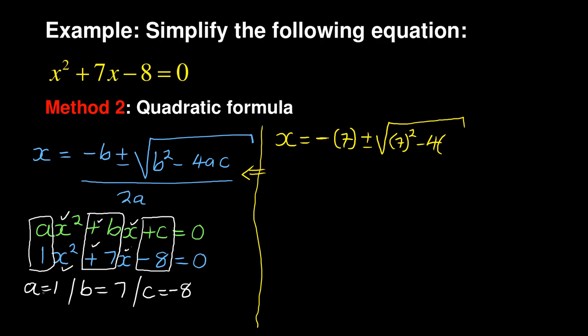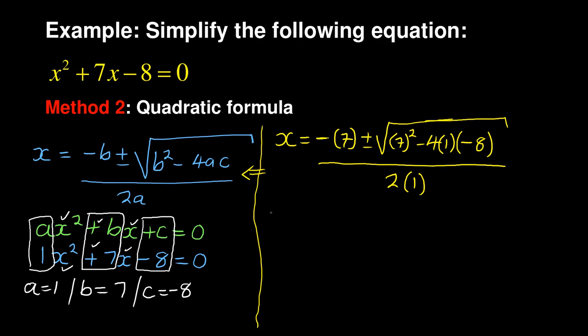My a in this case is 1, so you put a bracket there to say my a is 1, and my c is negative 8. I think I need to extend my square root sign there. Then remember everything is all over 2, and then bracket, my a is 1. Remember the division line must extend to minus 7.